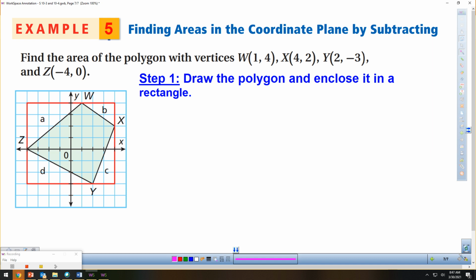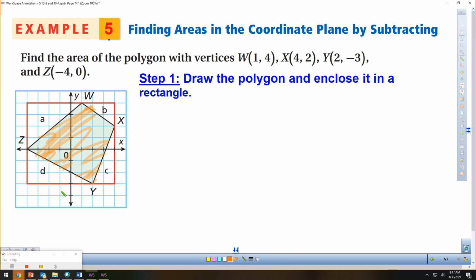We want to find the area of this polygon. Alright, well, there's not a way that we can identify it. So, what we're going to do is we're going to find this entire area. Okay, actually, let me do it with this. I'm going to find this entire area of my red figure, and then just subtract out the triangles, and when I subtract out the triangles, I'll be left with just the green figure.